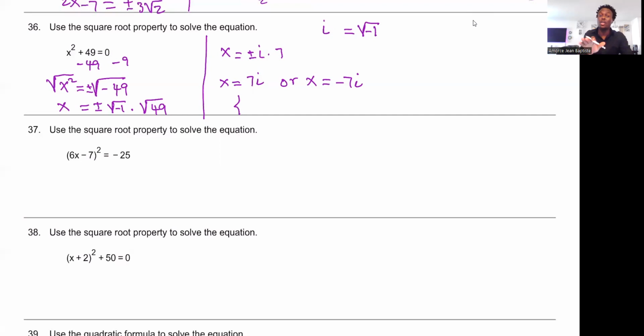If they said, find the real solutions of this equation, then you would say, well, there are no real solutions. But if it says solve, solve it. Whether you have a real solution or a complex solution, they're all solutions, because they didn't say what type of solutions you need to provide. So my solutions are 7i, -7i.